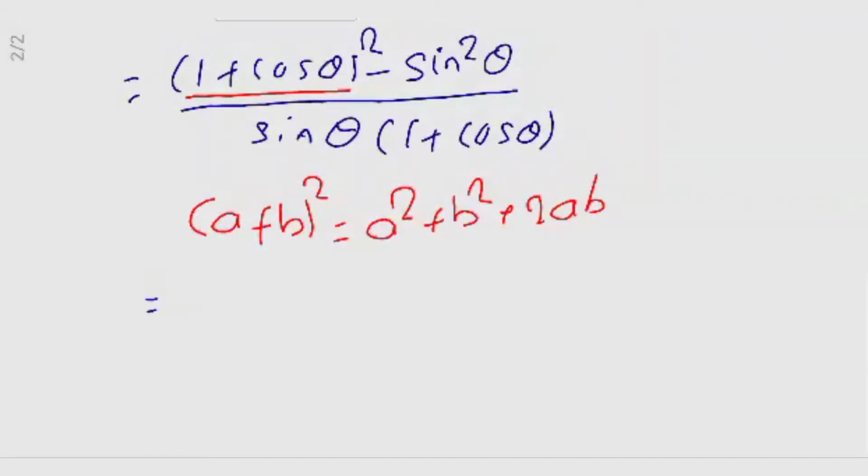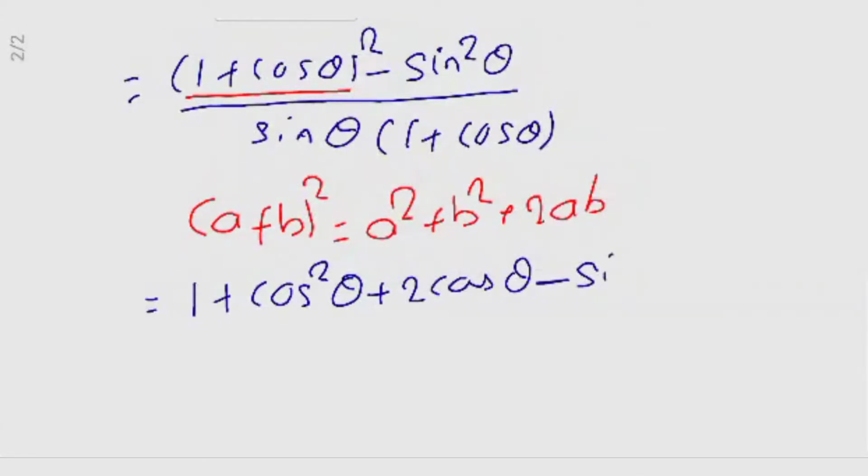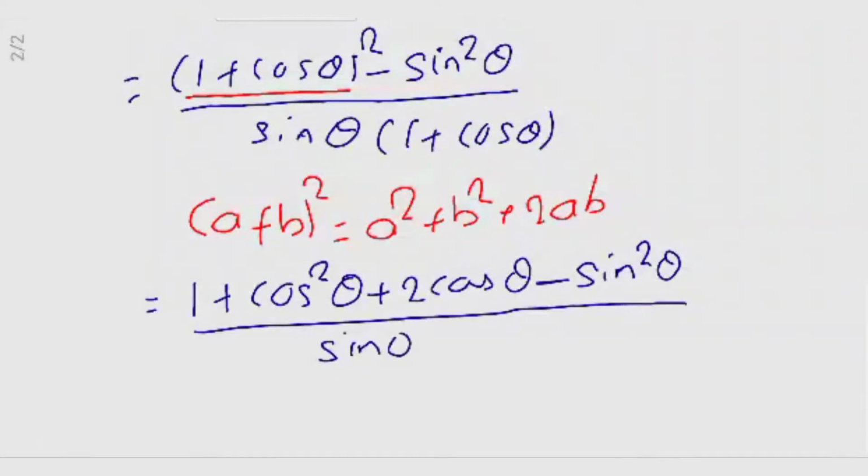So it will become 1 square, a is 1, plus b square means cos square θ, plus 2ab. 2a is 2 into 1, which is 2, and b is cos θ. So 2 cos θ, and minus sin square θ as it is, and this divided by sin θ (1 + cos θ) as it is.